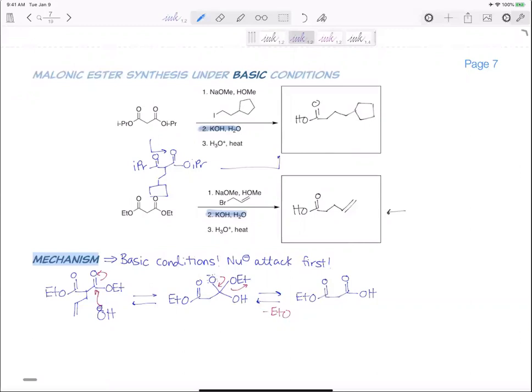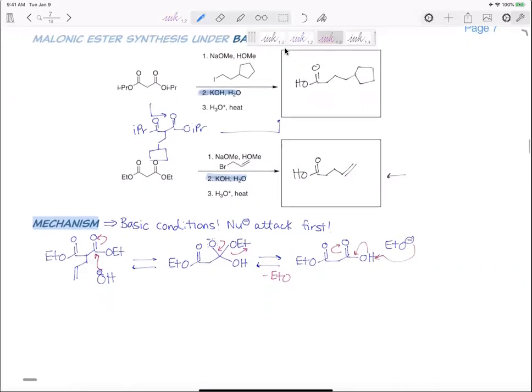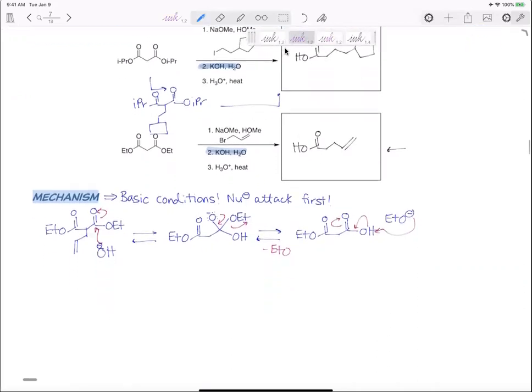Okay, but this time is a little bit different. It's no longer a proton transfer, right? Again, we are going to get an attack of sorts. And whoever you kicked out is going to come back for revenge through this attack here to form my enolate again. So what we have would be this here.